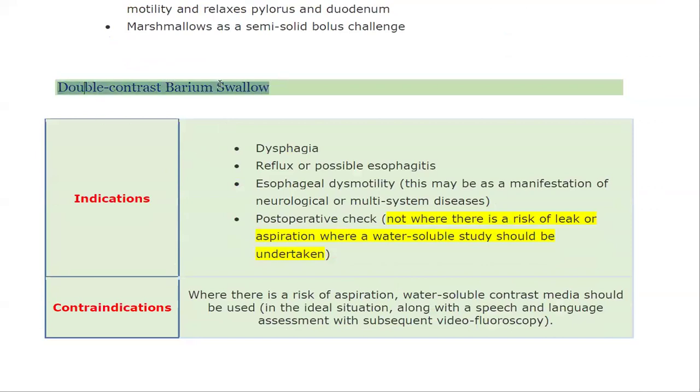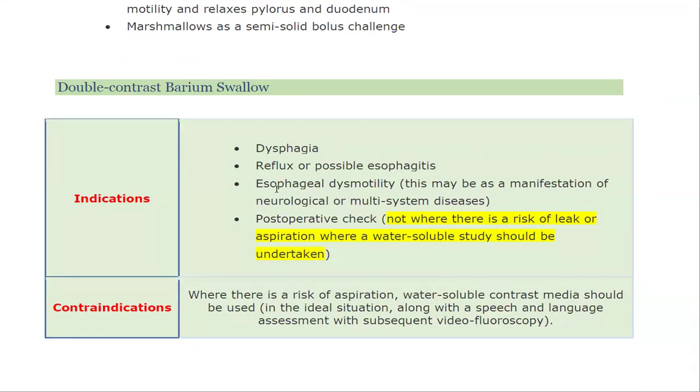Okay, double contrast also has indications and contraindications. The indications are similar: dysphagia, reflux, esophageal dysmotility. If you are suspecting esophageal dysmotility, this is functional. It will not be monitored during endoscopy. Endoscopy will not help you in this case.